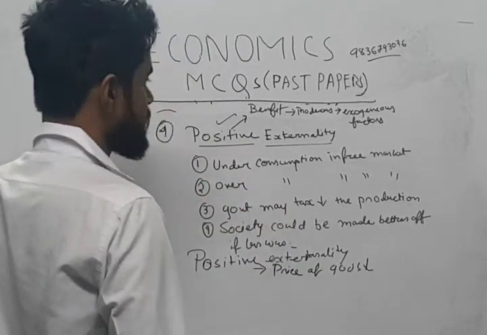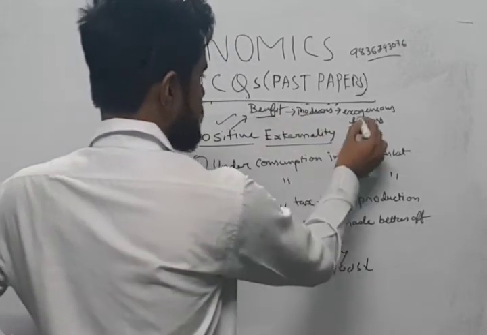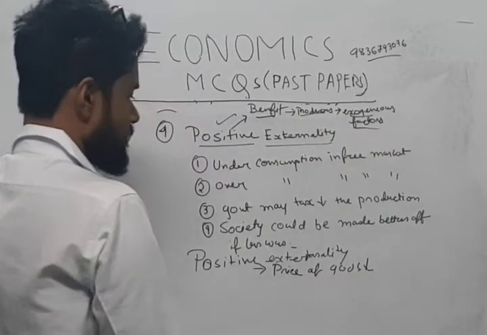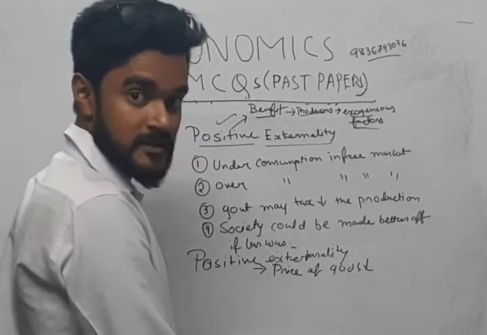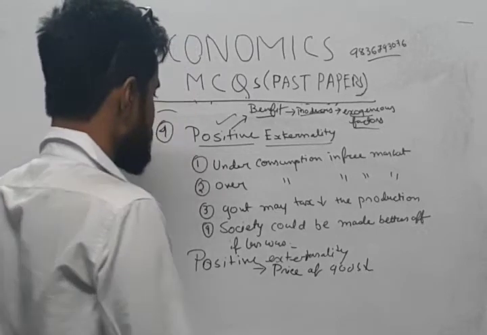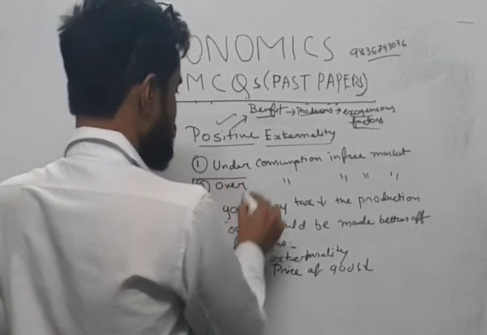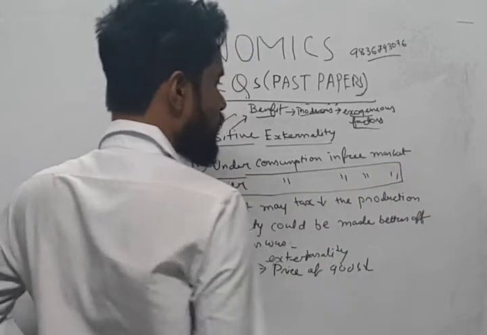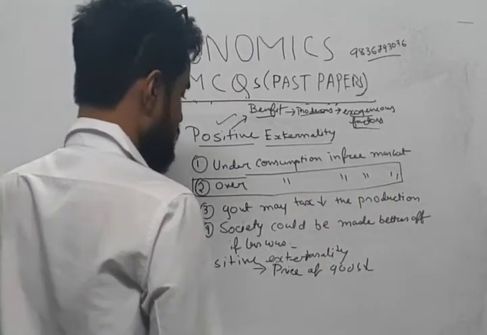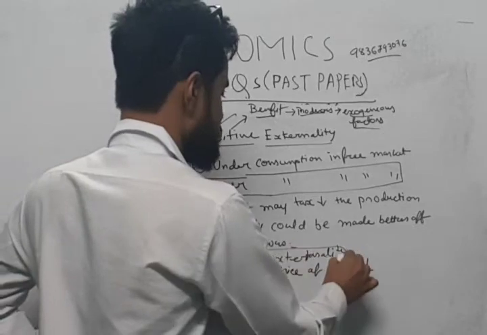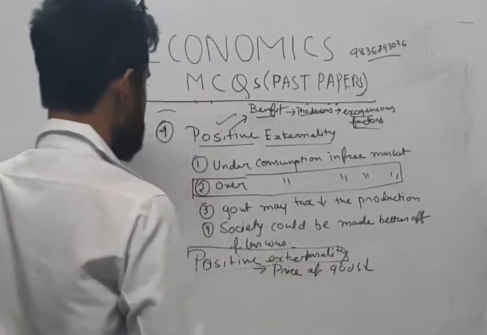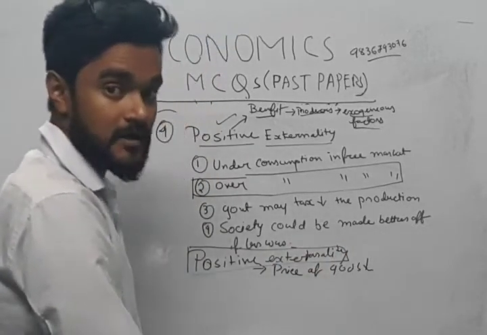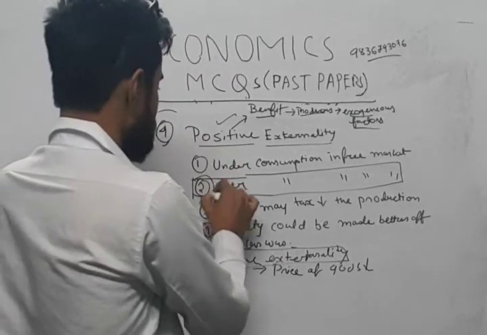Why? Because the producers are benefited due to exogenous factor, positive exogenous factors. So as a result, there is the case of overconsumption in free market. So there is overconsumption in free market due to what? Due to positive externality. So for question number 4, the right answer would be option 2.